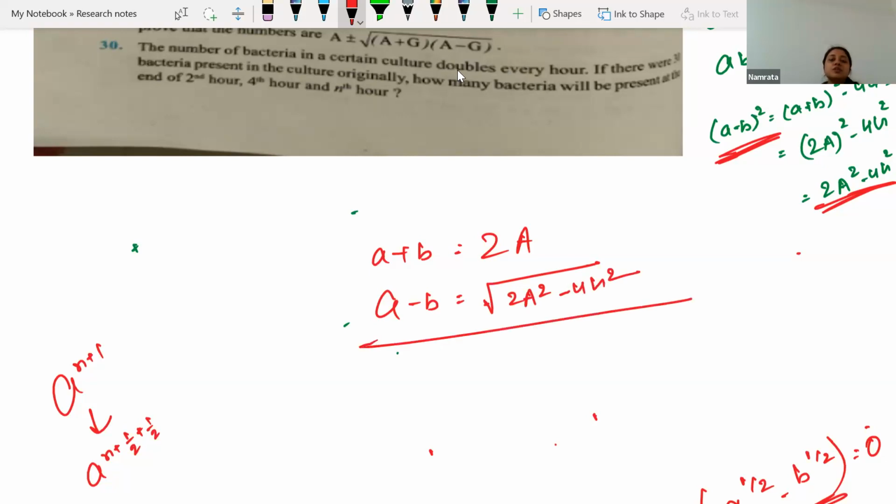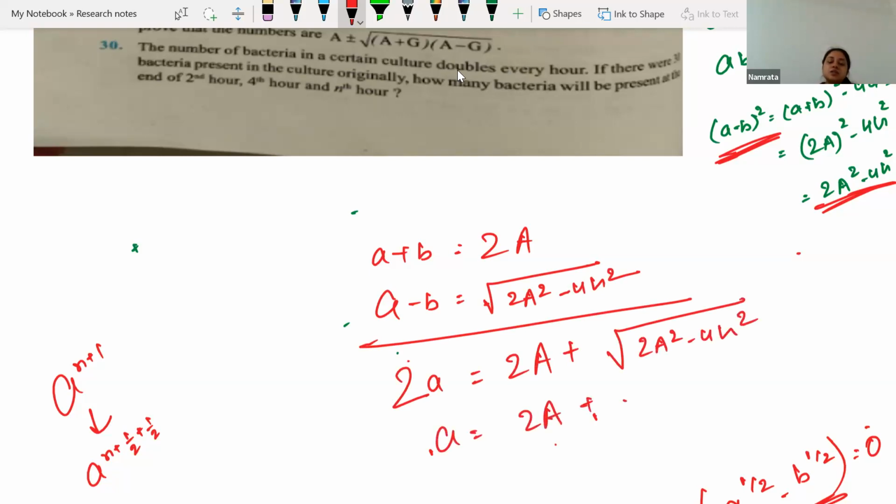Now we have to solve it for a and b. Let's solve it. We will have 2a equals 2A plus root of 2A square minus 4G square. So a equals 2A plus root 2A square minus 4G square divided by 2. Now 2 and 2 we can cancel out.